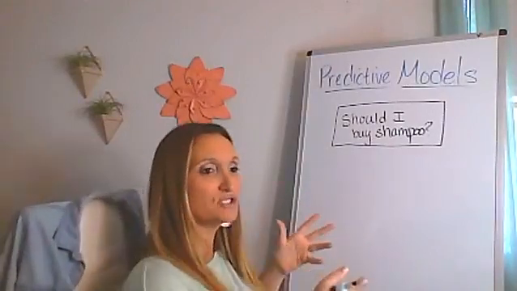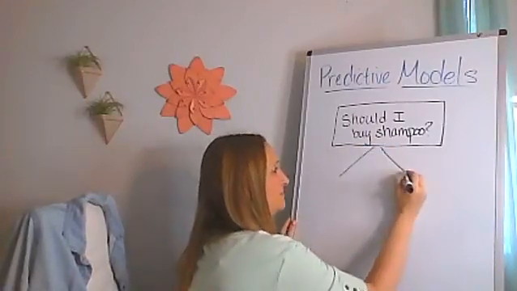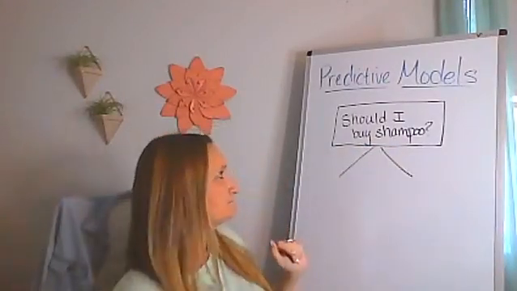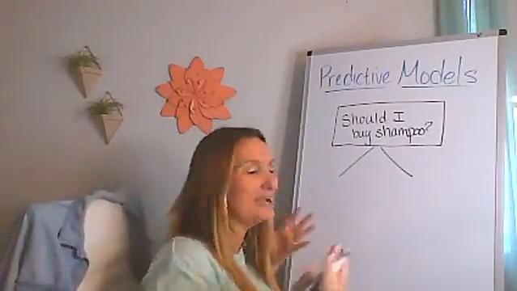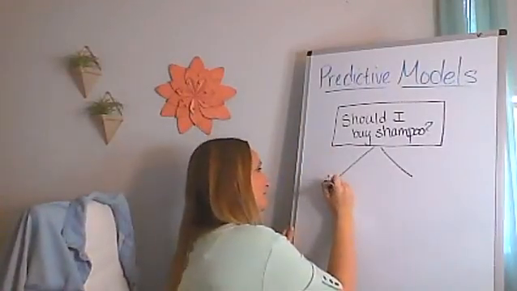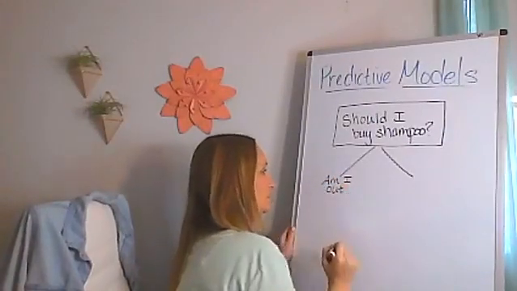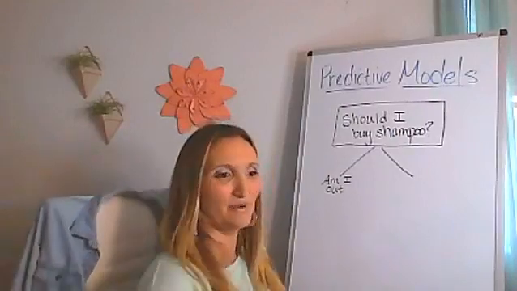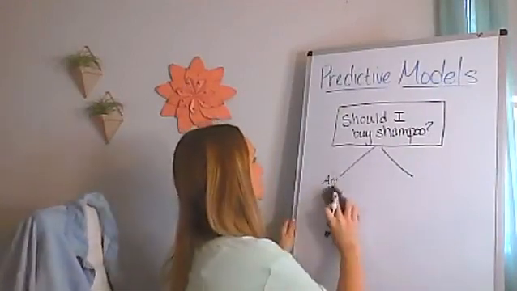Now we're going to branch off of this. The first question I may ask myself is, am I out of shampoo? Right? If I have shampoo, I don't need to buy any. So, am I out? Okay? And actually, I shouldn't have done it that way. See, this happens sometimes when you make your decision tree.